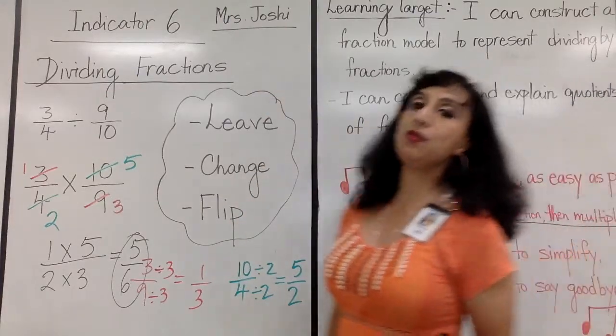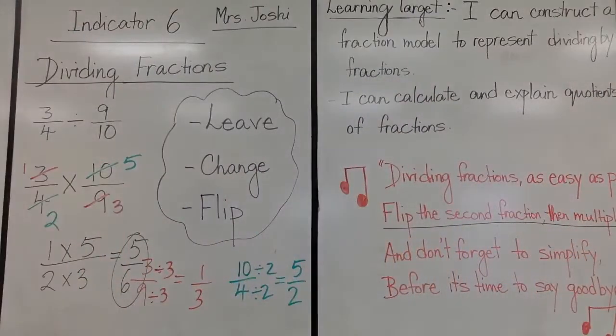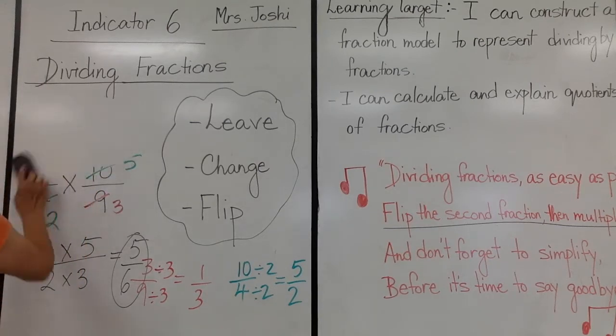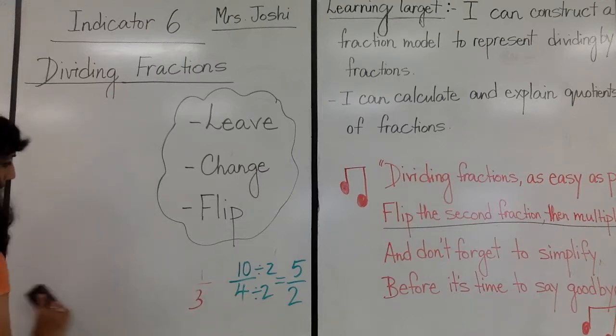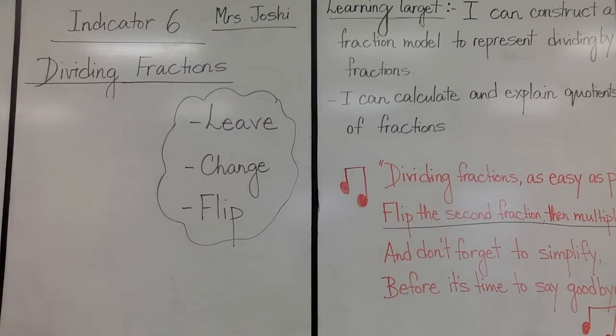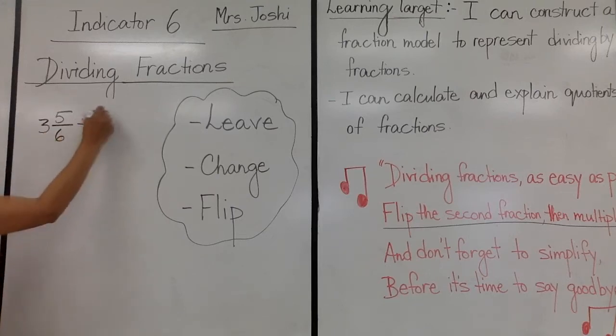Okay, let's do mixed numbers now, dividing mixed numbers. And this is the one where I see common mistakes, so we can't do that. All right. So if I give you 3 and 5/6 divided by 1 2/3.